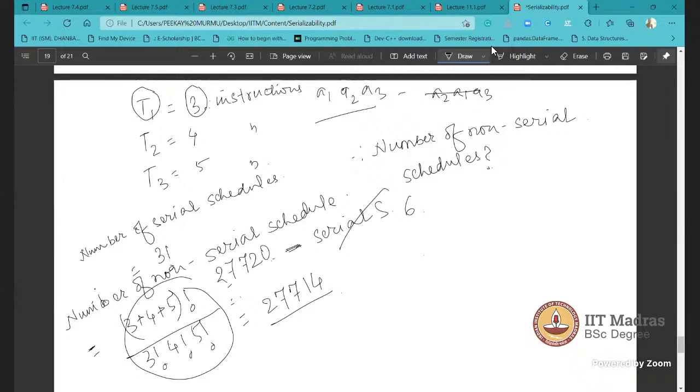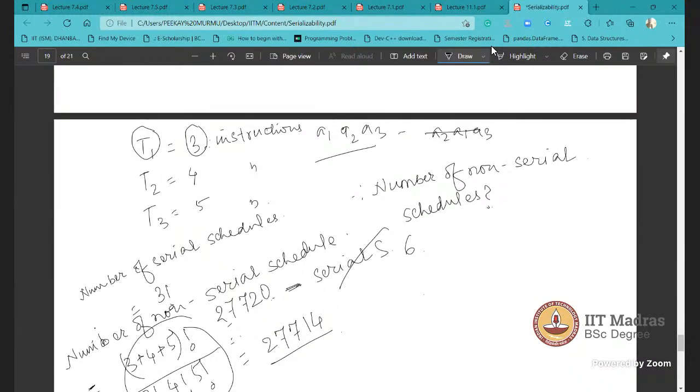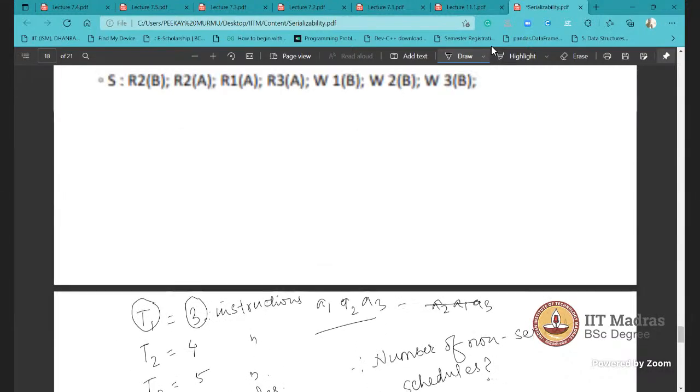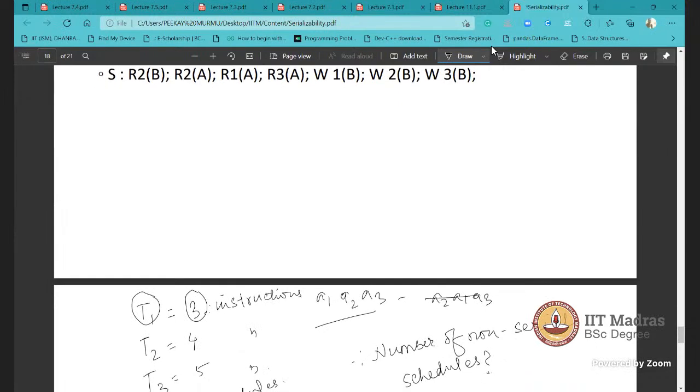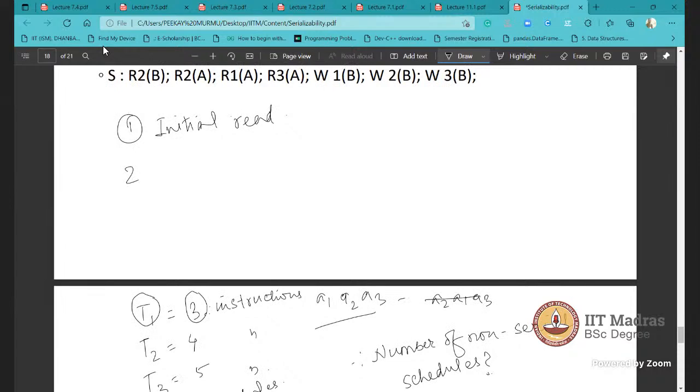And you know how to draw the precedence graph, right? So tell me, what are the 3 conditions of view serializability? Sir, the initial read should be the same for all transactions. The second is that the write-read sequence must be the same wherever the conflict occurs, meaning the write-read combination should be maintained. The third condition is that the final write must be the same for all transactions.